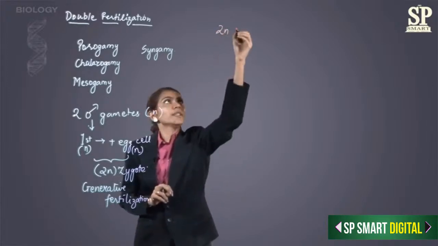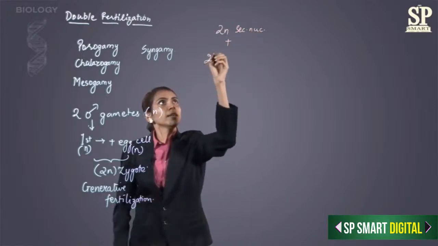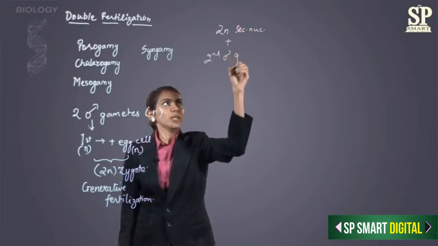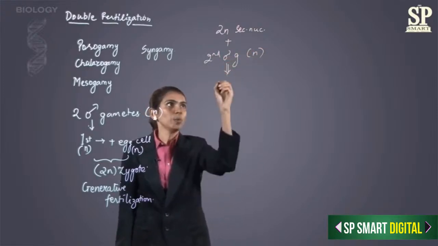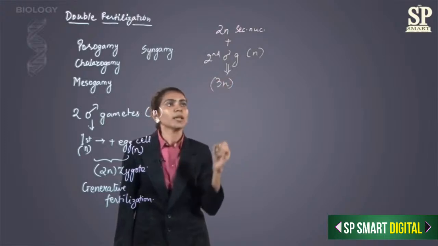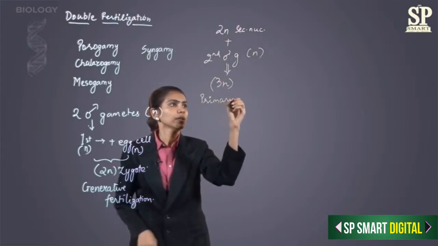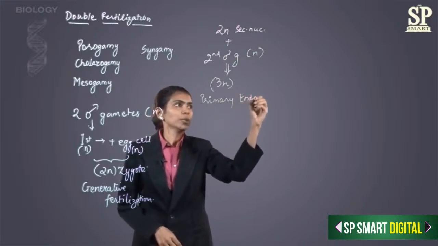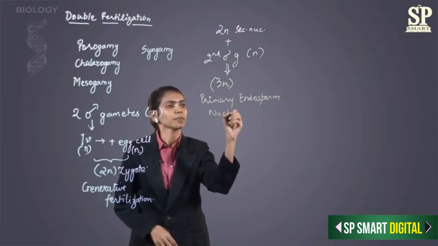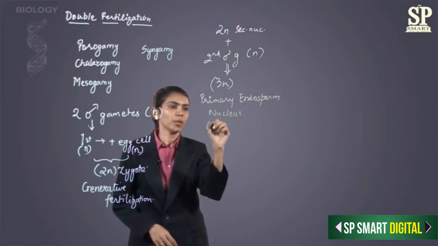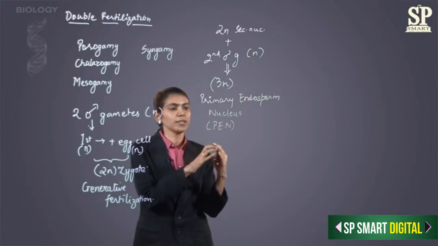With this diploid secondary nucleus fuses the second male gamete, which is again haploid. So the product formed is triploid. This triploid nucleus is called the primary endosperm nucleus, or the PEN.